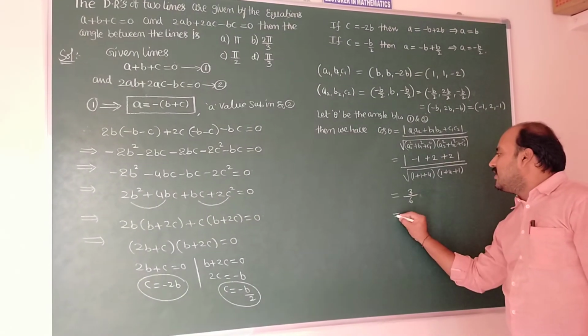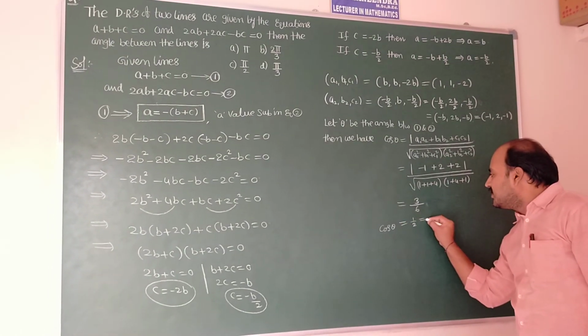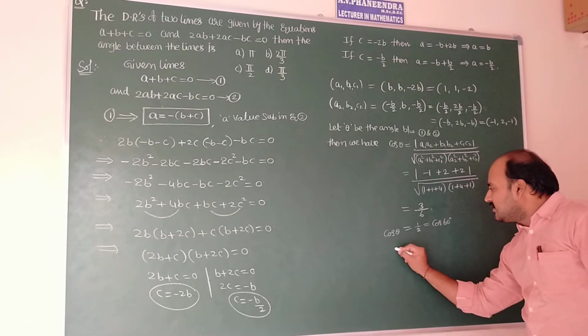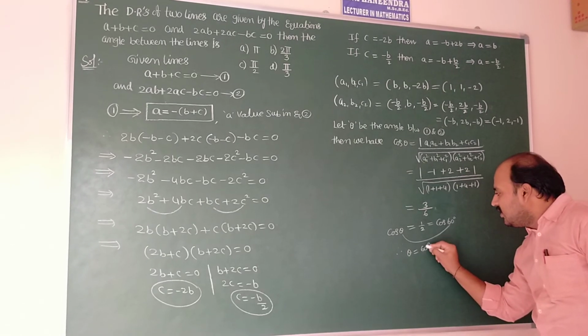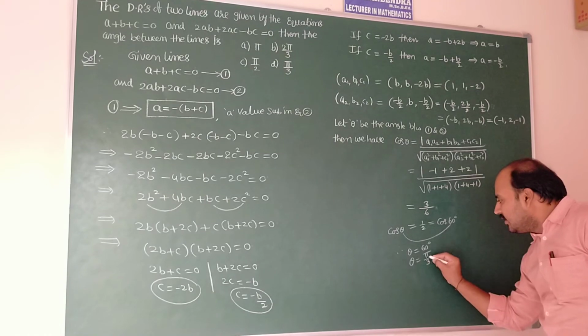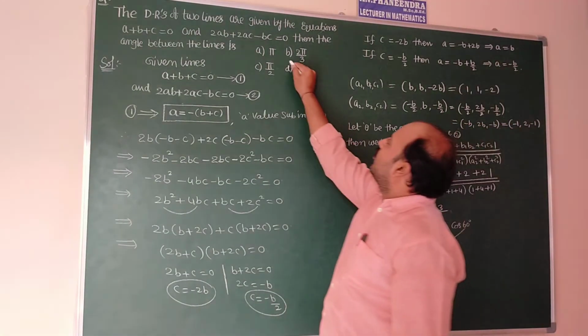So 3 by 6 means 1 by 2. Cos theta is equal to 1 by 2, which is equal to cos 60 degrees. So by comparing, theta is equal to 60 degrees. 60 degrees we can write in radians as pi by 3, which is there in the fourth option.